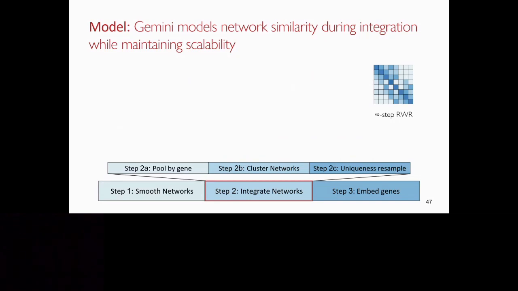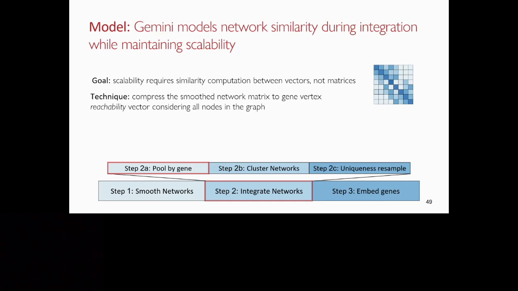In the first step, something to note is that in order to still perform the similarity computation in a scalable way, we have to perform it between vectors and not between matrices, or it's just going to take too long to be a practically useful tool. And the way we do this is compressing our smooth network representation, which is this very large matrix, into a gene vertex vector, where we learn something about the reachability of each gene node from all other nodes in the graph.